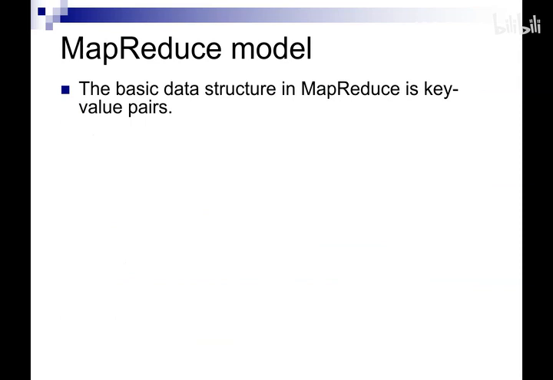So now let's actually talk about what this MapReduce model is. MapReduce is based on a simple data structure, which is key-value pairs. Everything in MapReduce basically boils down to somehow processing these key-value pairs. A key-value pair is simply a pair. The first component of that pair is a key, and the second component is a value associated with the key.